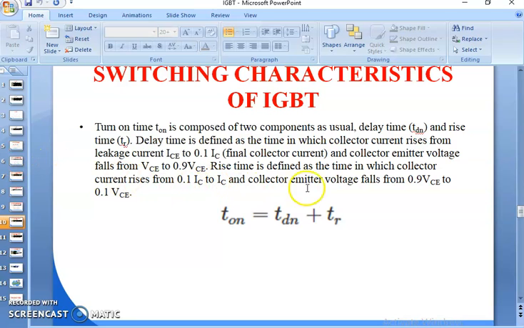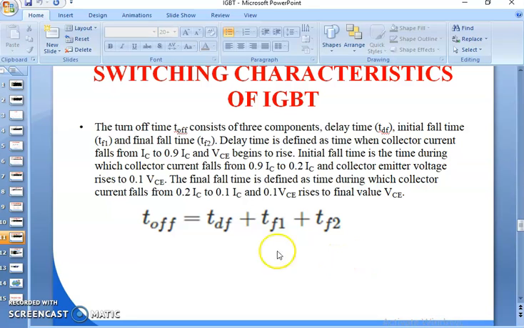The rise time is defined as the time in which the collector current rises from 0.1 IC to IC and collector emitter voltage falls from 0.9 VCE to 0.1 VCE. So I have told earlier TON is equal to TDN plus TR.